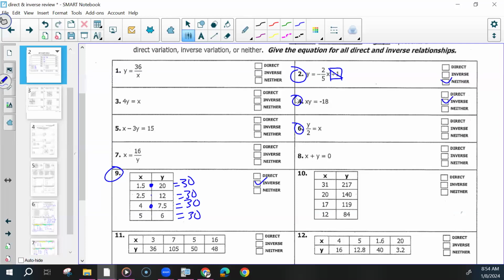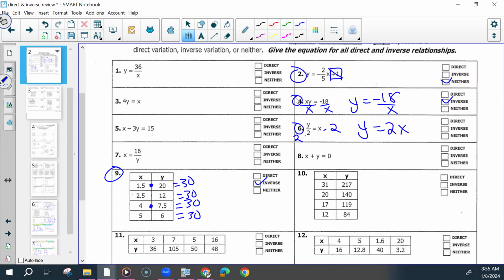But if you don't remember that, you can solve for y, divide both sides by x. This is the inverse variation equation format, and that would be inverse. 6 is not in any of those, so you'd have to solve for y by multiplying both sides by 2.